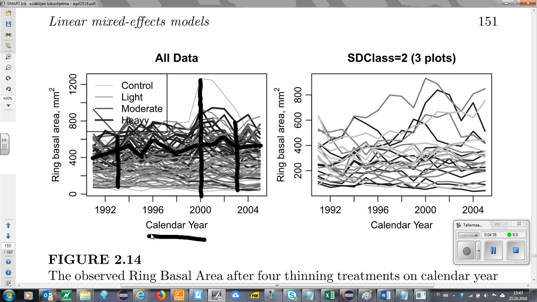And on the other hand, observations of different trees from the same calendar year are similar to each other compared to observations from different calendar years. So we have two grouping structures, and we have a justified reason to assume that there is correlation both within the observations of the same tree and within the observations of the same calendar year.